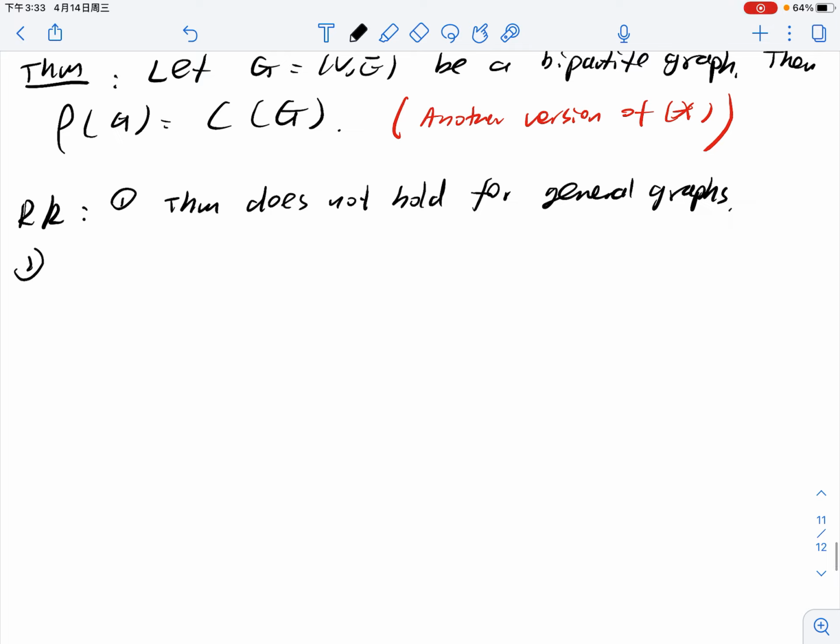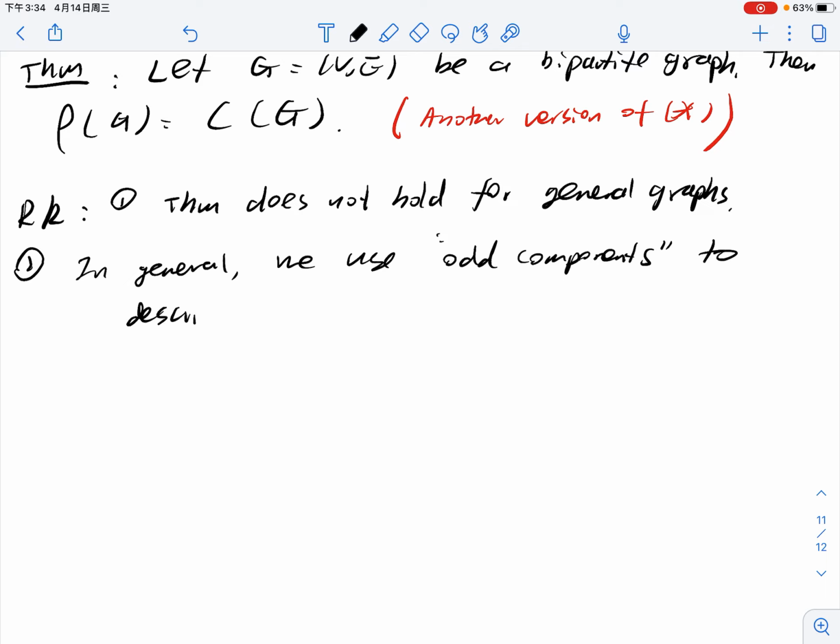And secondly, we do have some geometric quantity to control this. In general, we use odd components, the notion of odd components, to describe it. But this is beyond our topic.